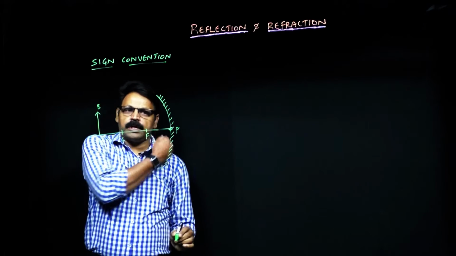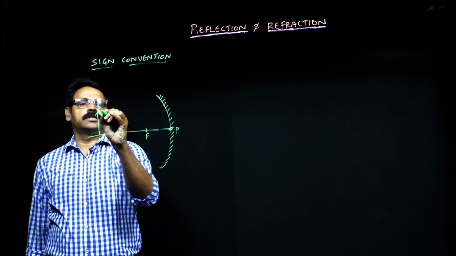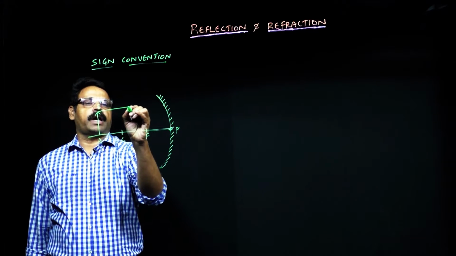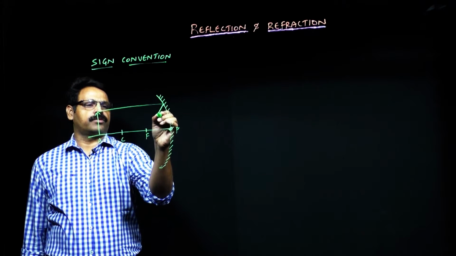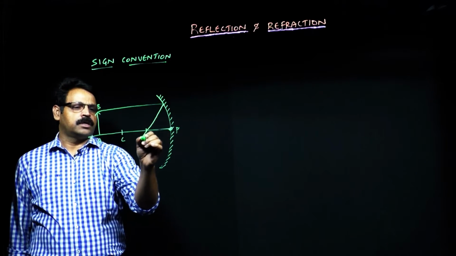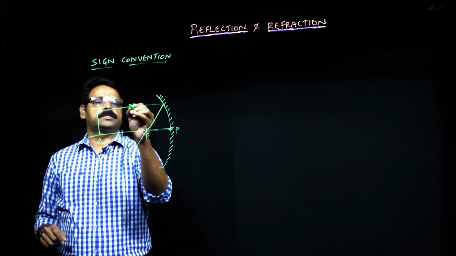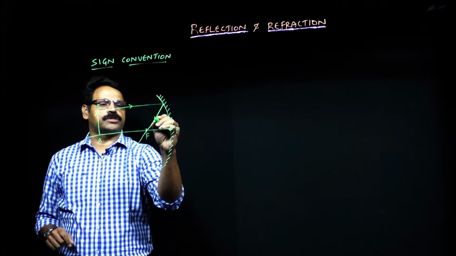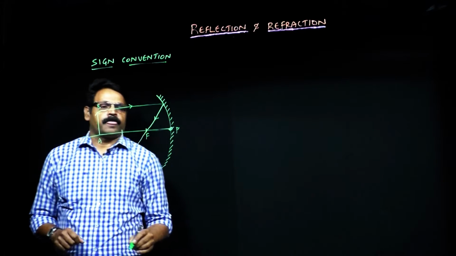Then how can you draw the ray diagram for this? For that, let us consider the ray which is going parallel. It will strike the mirror and come out through the focus, because a parallel beam of light falling on a spherical surface passes through the focus. So this is the reflected ray.